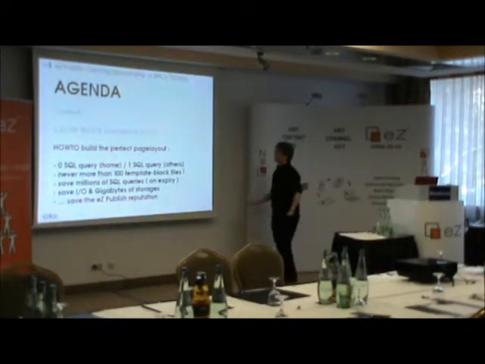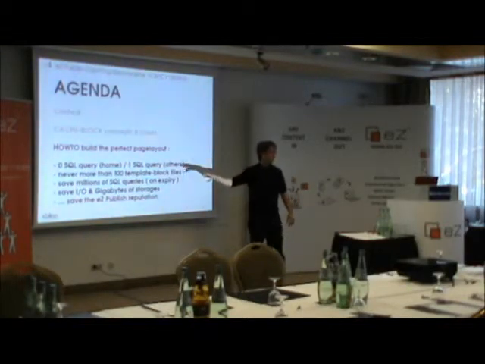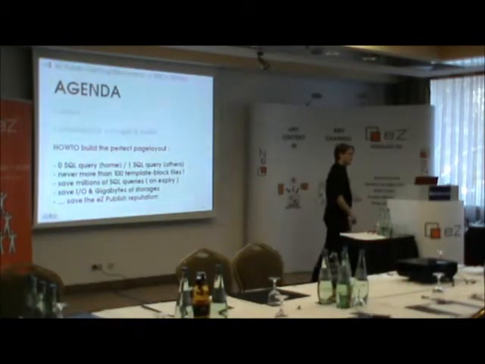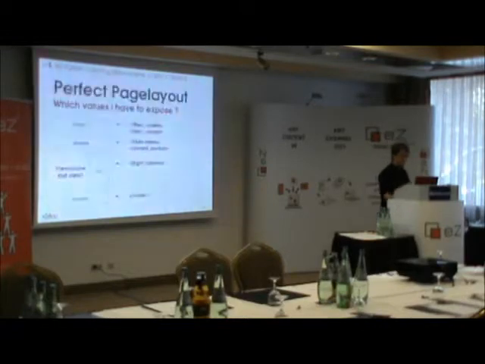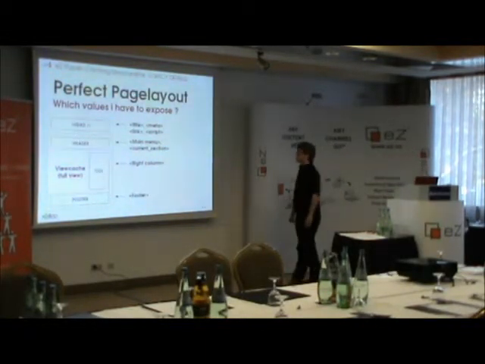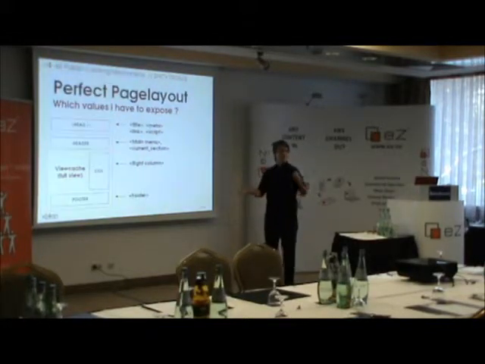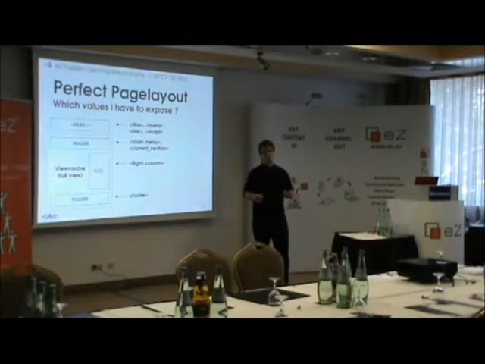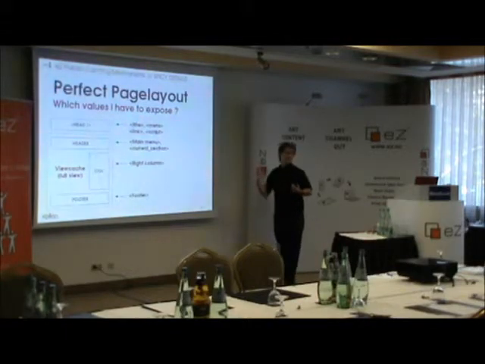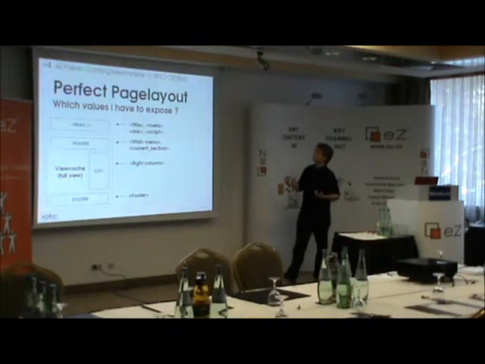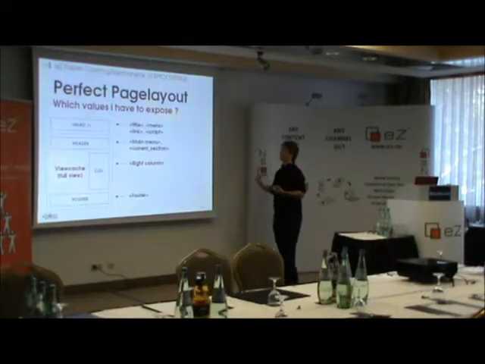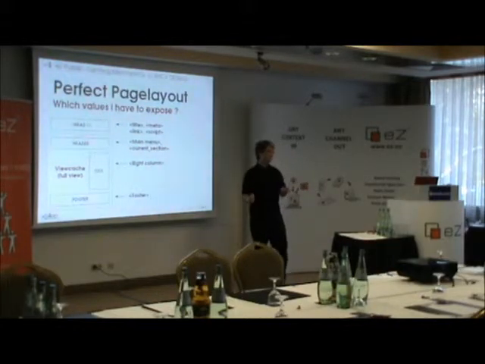So then, how to build the perfect page layout? I focus again on that. I propose to have a reflection on the other side and to just enumerate all the values I have to expose and display inside my page layout.